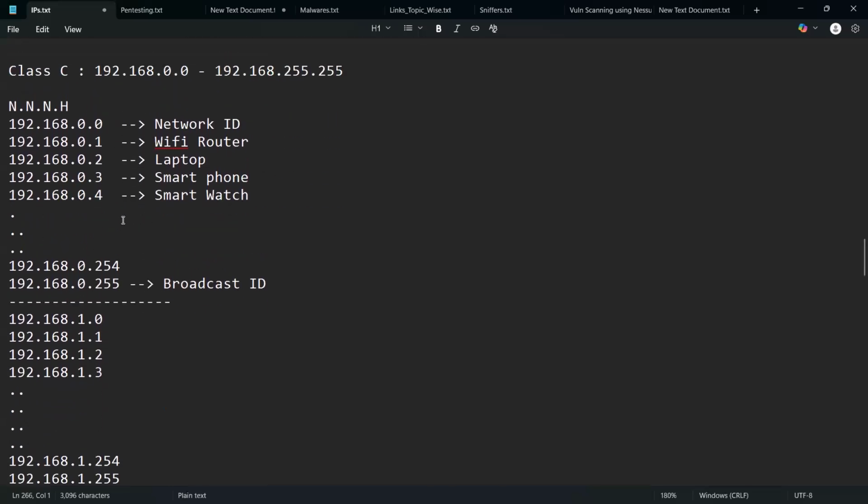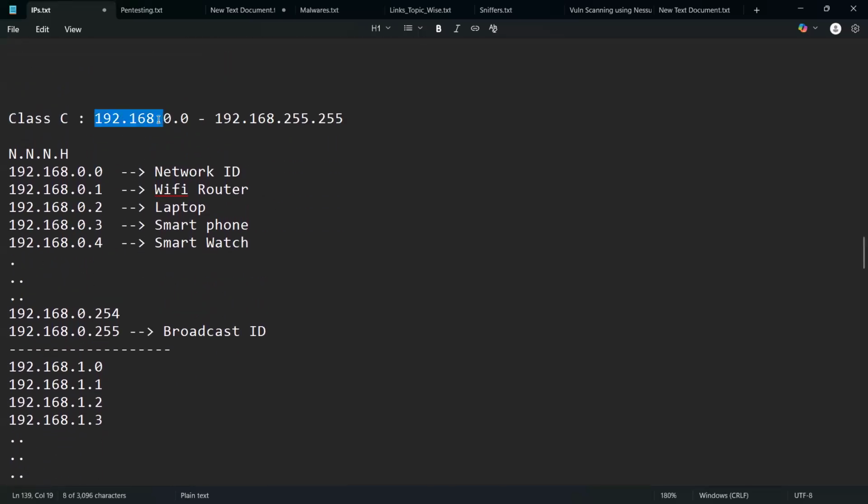That's the private IP range for class C. Starts from 192.168.0.0, goes all the way up to 192.168.255.255. And in these 4 octets, the first 3 octets are the network portions. 192.168.0 belong to the network portions, and the last octet here belongs to the host portion. But what do I signify by that? What does it mean? Let's talk about that.